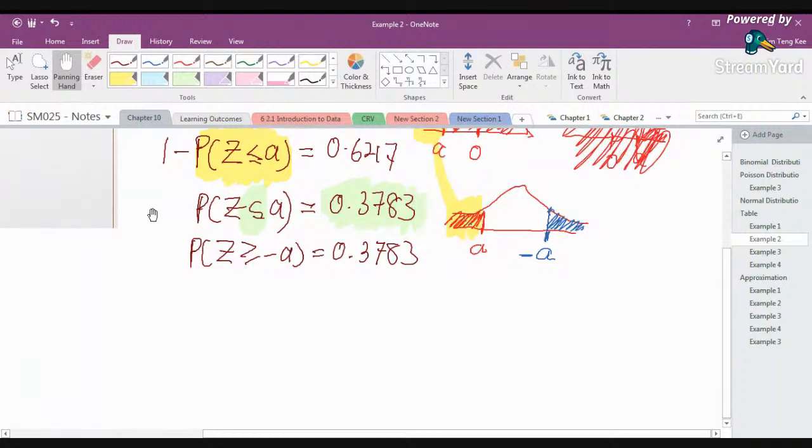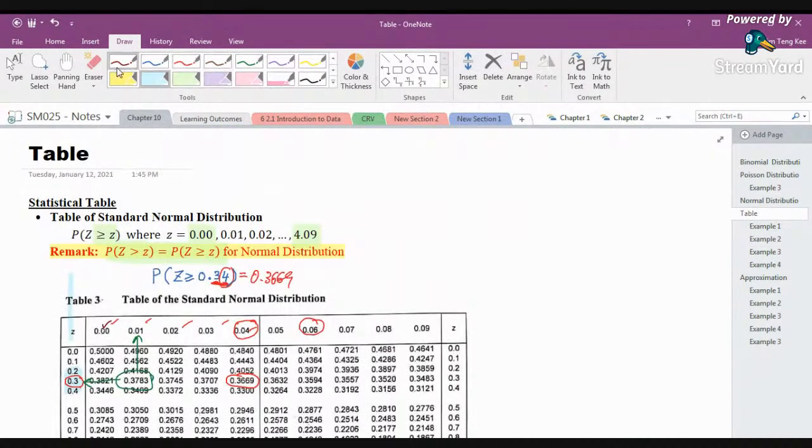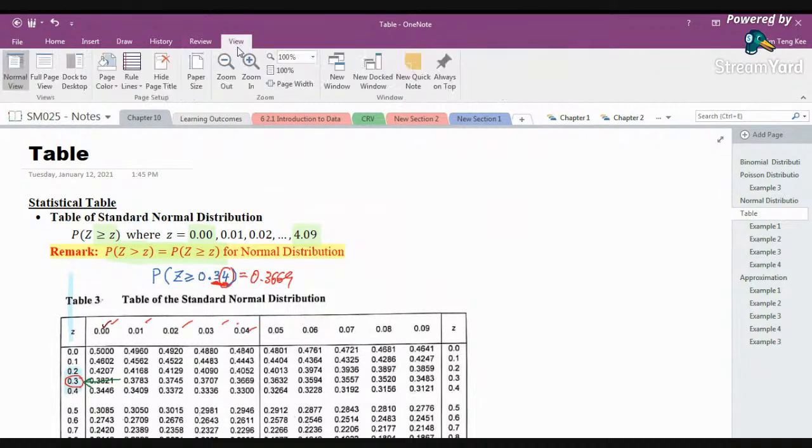Then based on the statistical table, we try to find out what our A value is. So we're going to search in our table for the normal distribution for this value, 0.3783. And let's see where it is. So let's just have a quick look at where we have this answer.